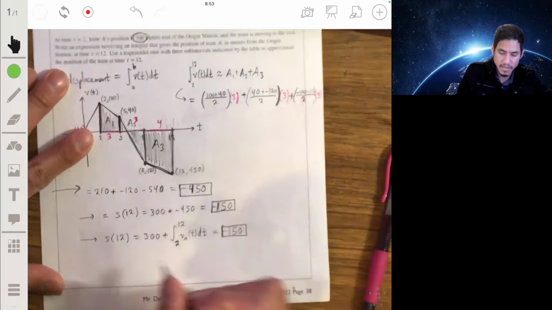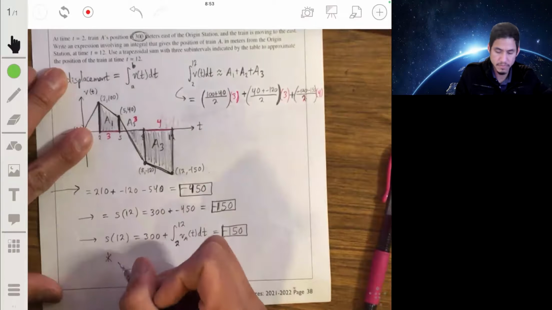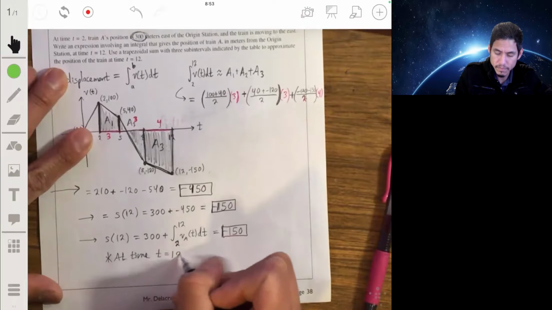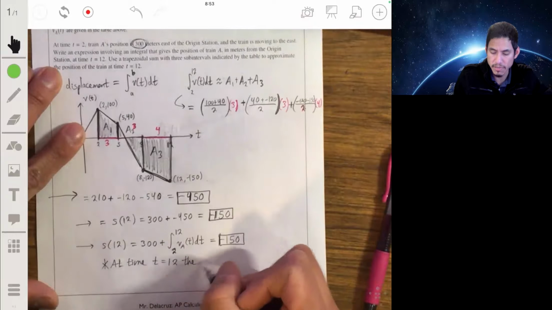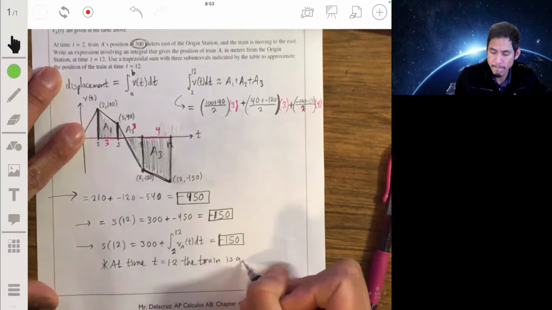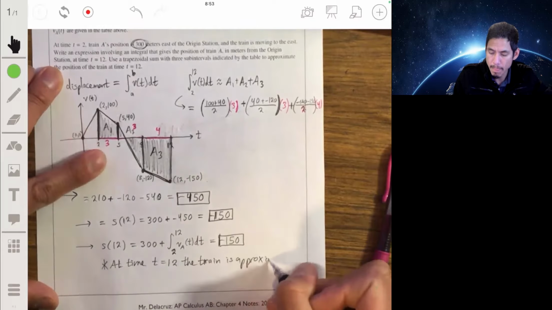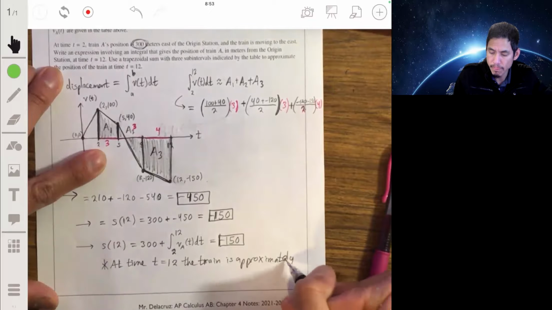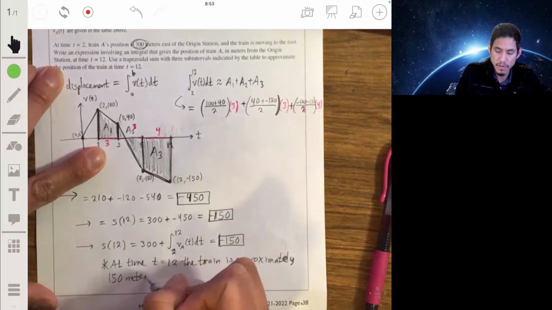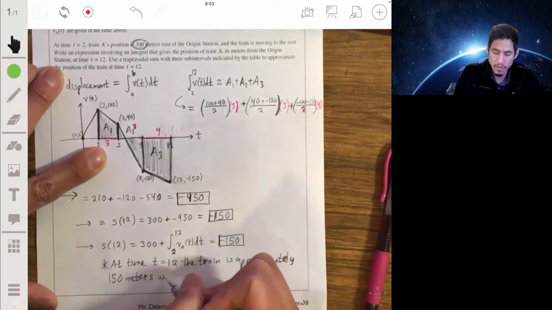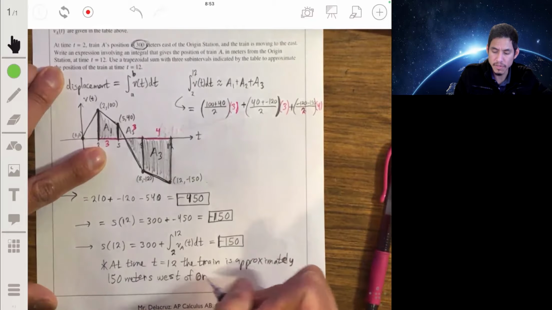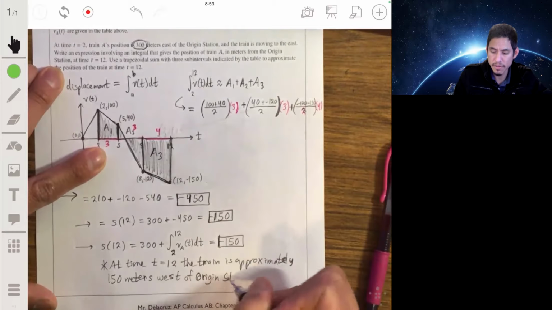So just writing that in context: at time t equals 12, the train is approximately 150 meters west of origin station. Origin station is capitalized.